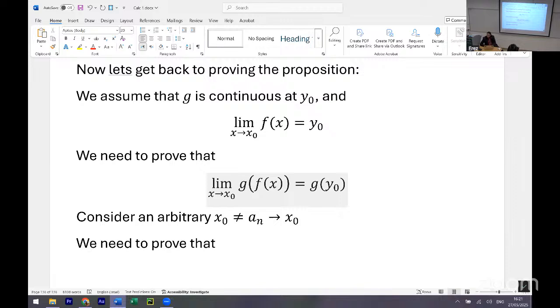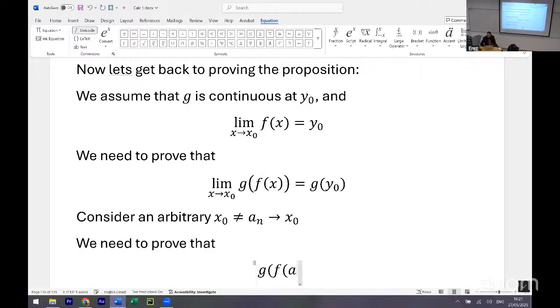Not g. The limit you need to prove is g of f. So we need to prove that g of f of a_n approaches g of y0. Agreed?